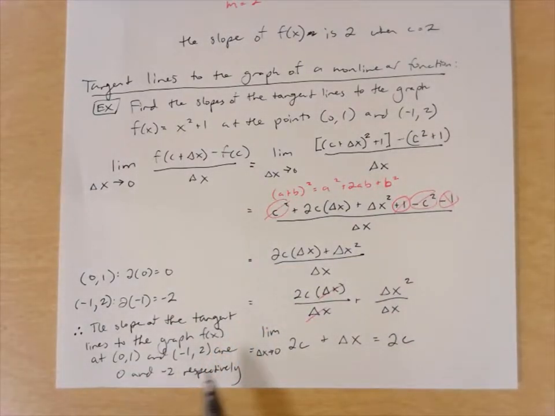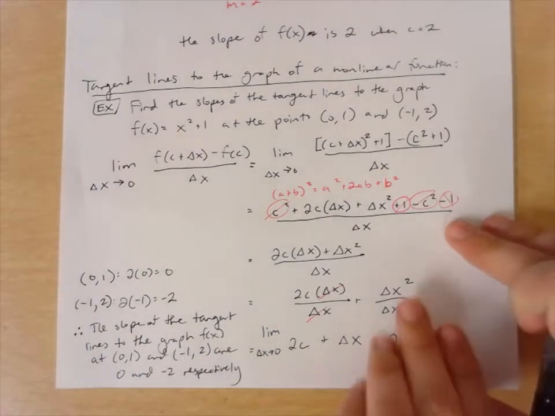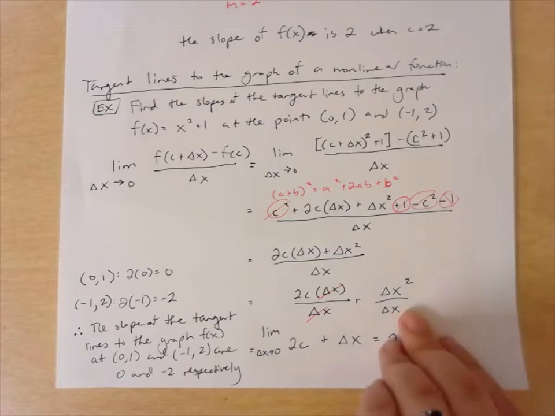Okay. The slopes of the tangent lines to the graph f of x at 0, 1, and negative 1, 2 are 0 and negative 2 respectively. Alright, moving on.